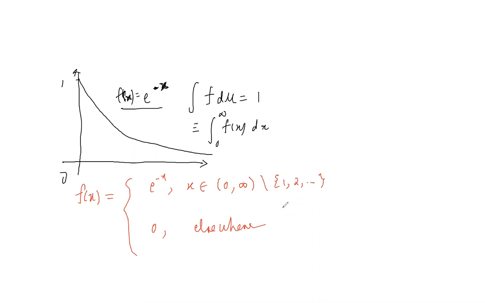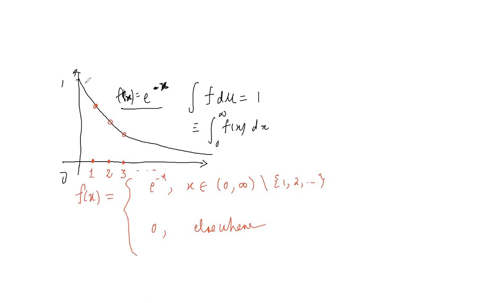Okay, so if you define your fx to be the following, the values of x in the positive real line, but you dig out 1, 2, 3, 4, 5, it's actually defined as 0 at those points. So one example will be like you dig out this point and you put it here. You dig out 1, you dig out 2, you dig out 3, and so on.